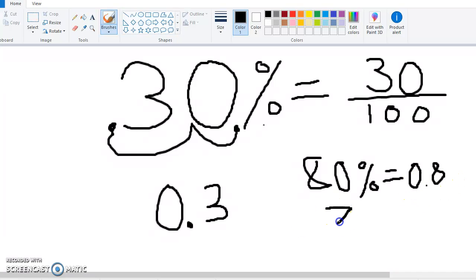Where it gets a little bit tricky is if it's only one digit, so like 7%, I need to have a placeholder. So that's going to equal 0.07. If I do 0.7, that's actually 70%. So you got to be careful. You're just going to take the 2 zeros here and always move your percentage point 2 spaces to the left for every time you have a percentage.